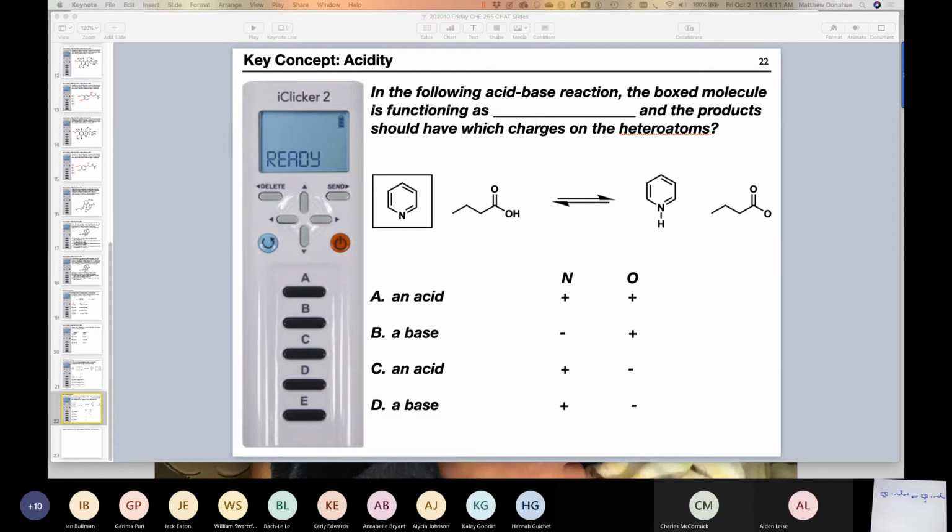I see more D as in dog answers than B at this point. So D is the correct answer.